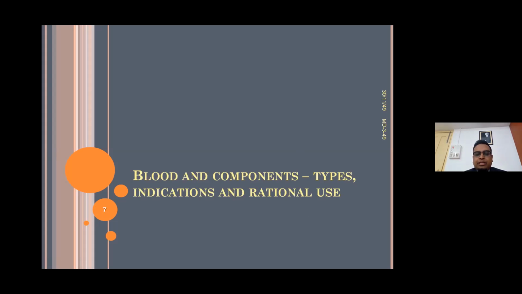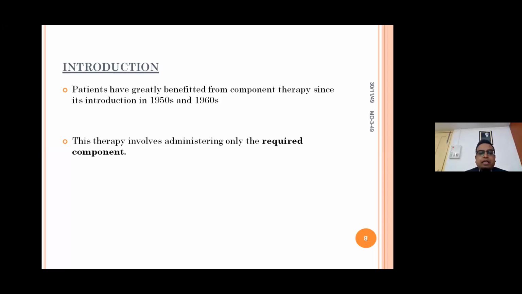So now we'll talk about blood and components, the applications and the rational use. Now, talking about component therapy, patients have been greatly benefited from component therapy since its introduction in the 1950s and 1960s.